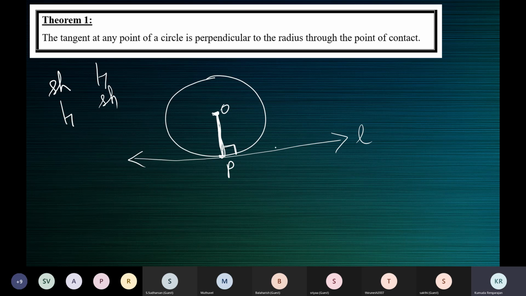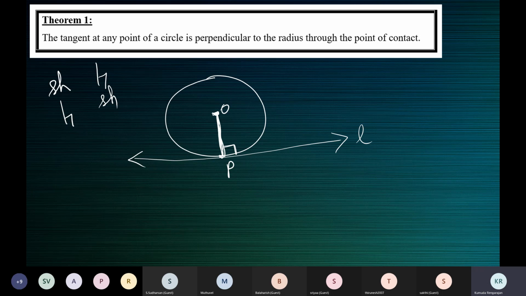Now, on the tangent, how many points lie on the tangent? Tangent is a line, right? Yes, ma'am.